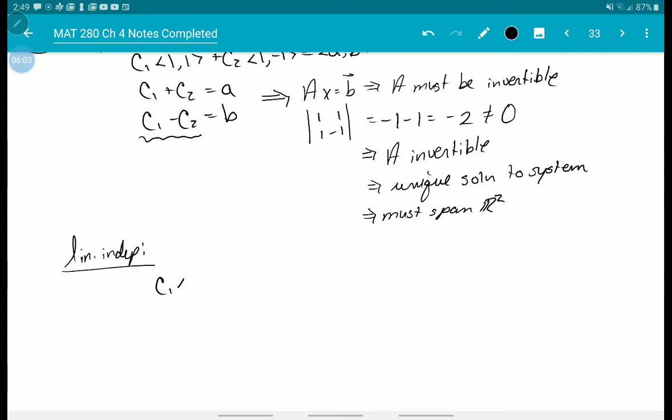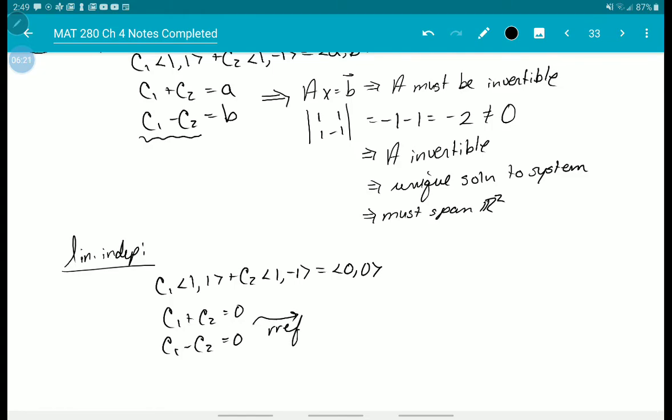So we're setting up our system again, only now we're looking at a homogeneous system to solve. c1 plus c2 is equal to 0, and c1 minus c2 is equal to 0. Let's do REF. This tells us the only solution is if both c1 and c2 are 0.